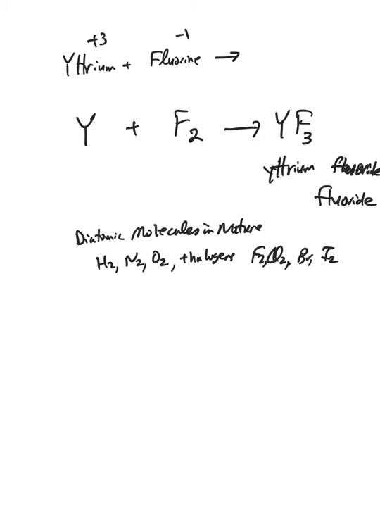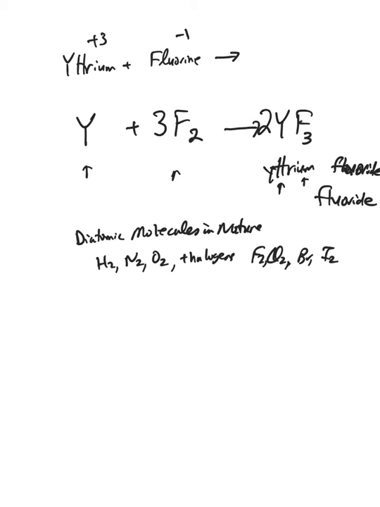Now we need to balance this chemical equation. 1 yttrium, so far so good. 2 fluorines, 3 fluorines. So let's do the crisscross applesauce trick. Let's put a 3 in front of the F2 and a 2 in front of the YF3. And so let's see what we've got.